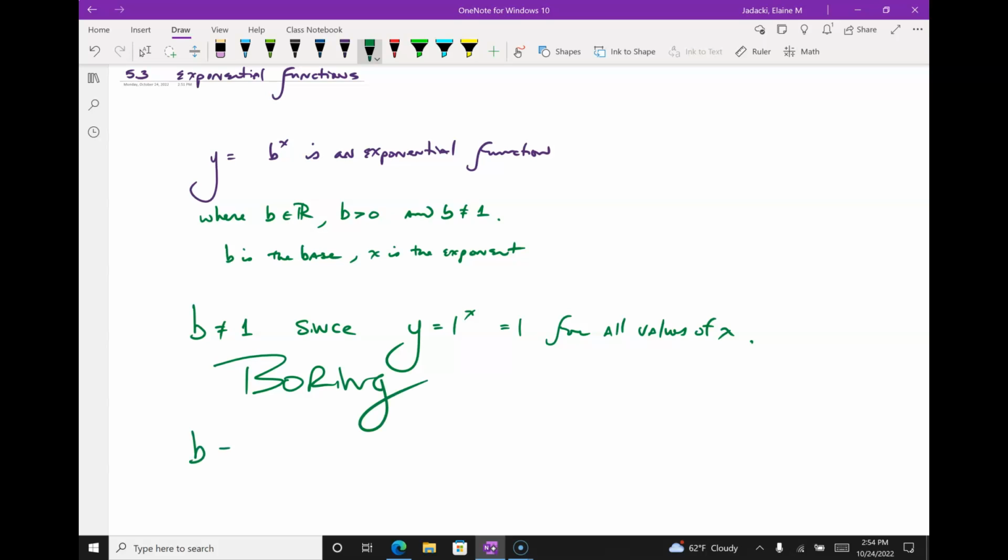B cannot be 0 since y equals 0 to the x for x bigger than 0 is always 0. Again, boring.